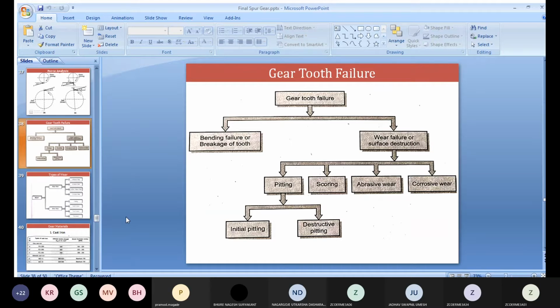Yes, sir. Okay, just write down. In case of scoring, we have written insufficient and all that.